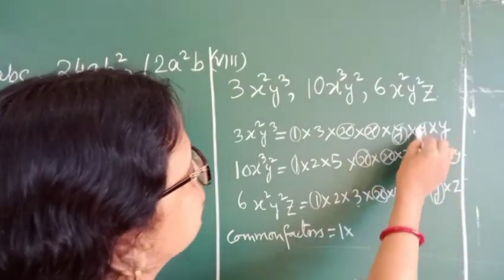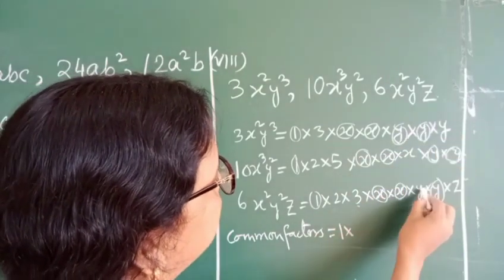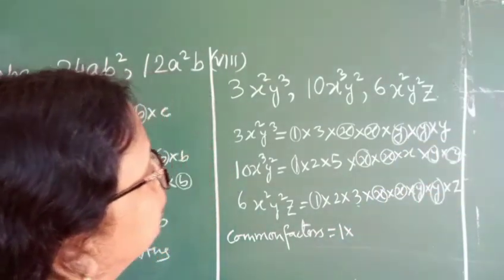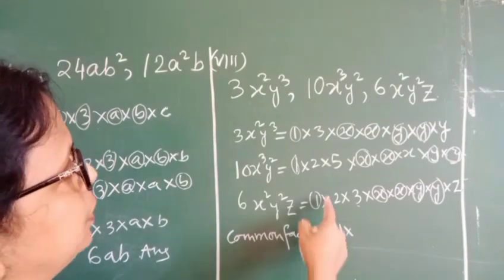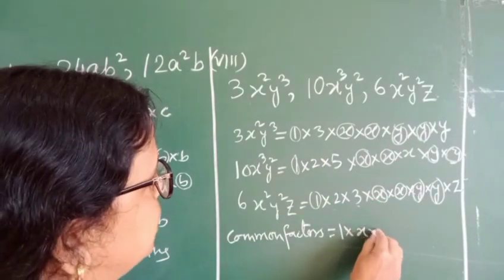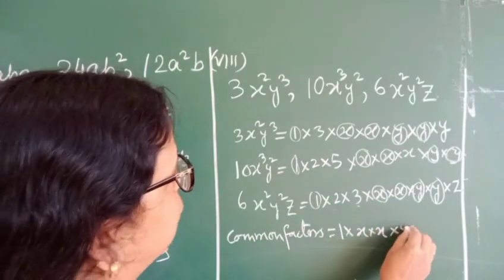Another y also I can take. So these are the common factors that I can take. Now 1 and then x into x and y into y.